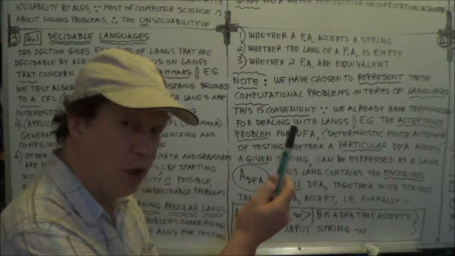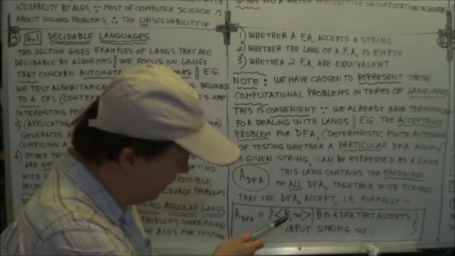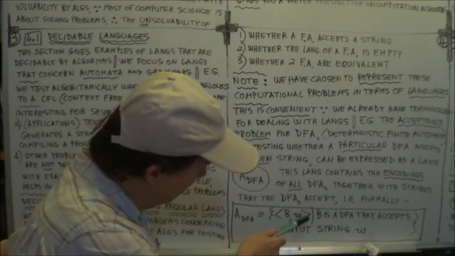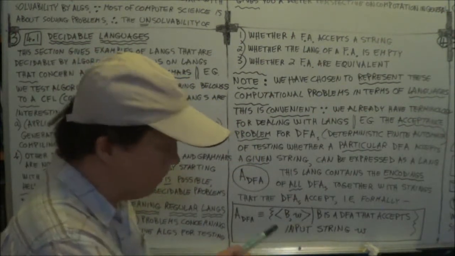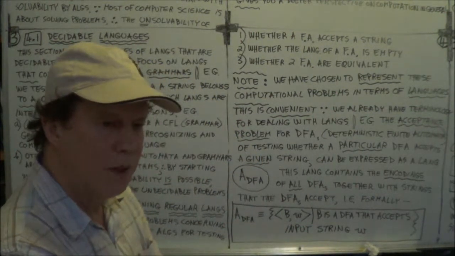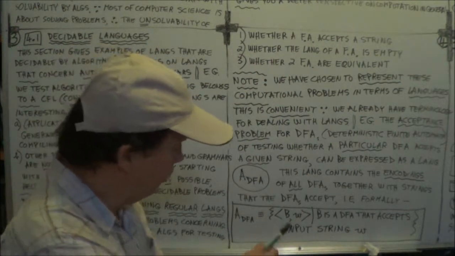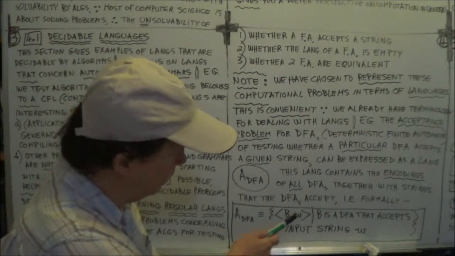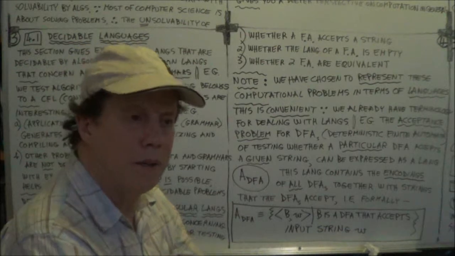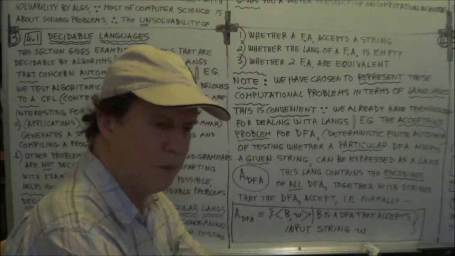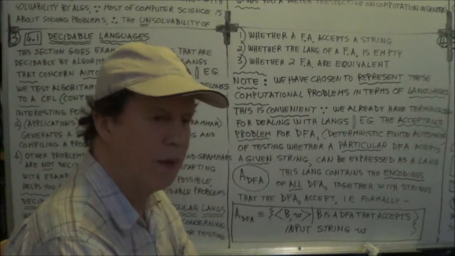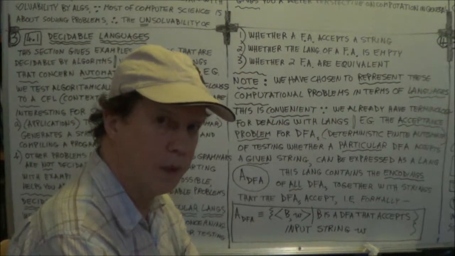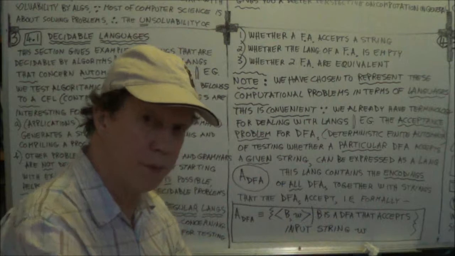Now, the encoding is itself represented by these angular brackets. So when you see these angular brackets, you know that's an encoding of the information about the things inside, represented by a linear string, just a sequence of symbols.